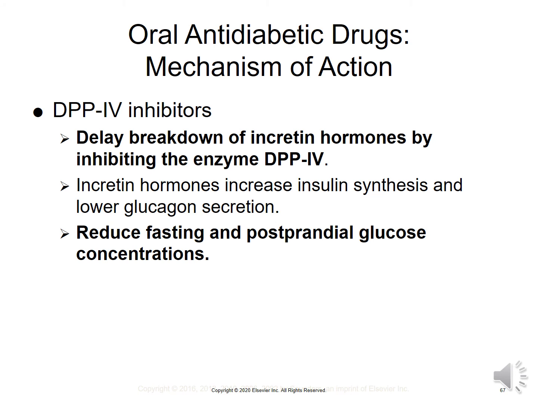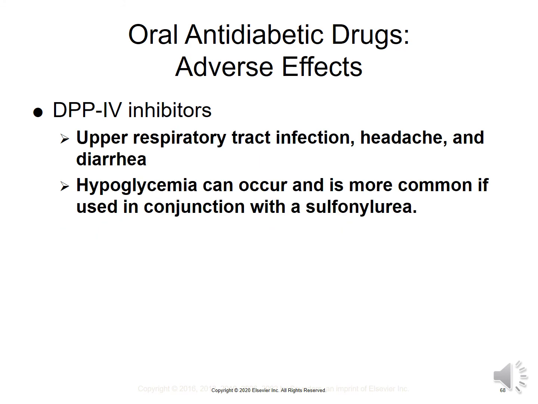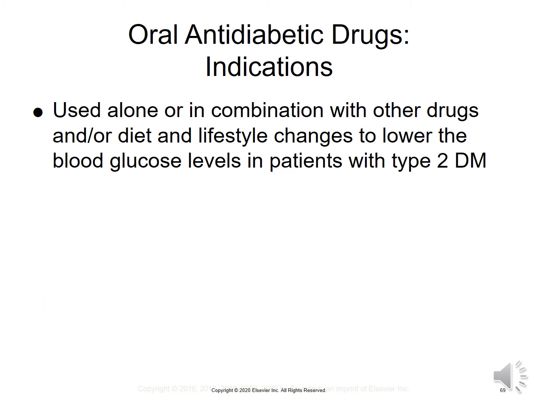So if you give one of these inhibitors, your goal is to reduce fasting and postprandial glucose concentrations. The adverse effects, you can get upper respiratory tract infection, headaches, and diarrhea. Hypoglycemia can occur and is more common if it's used in conjunction with sulfonylureas.